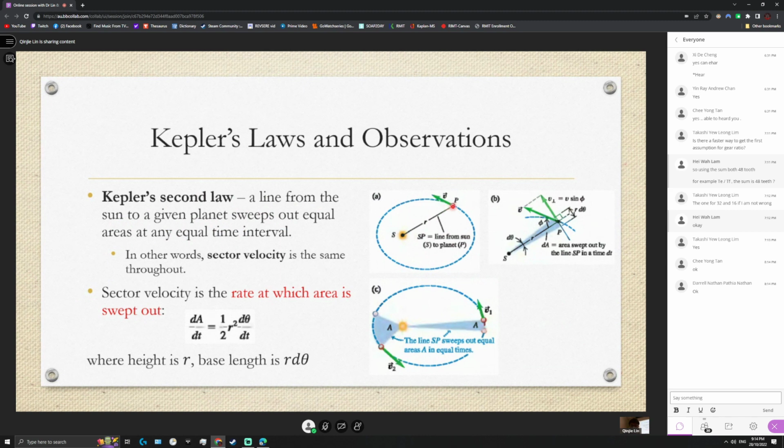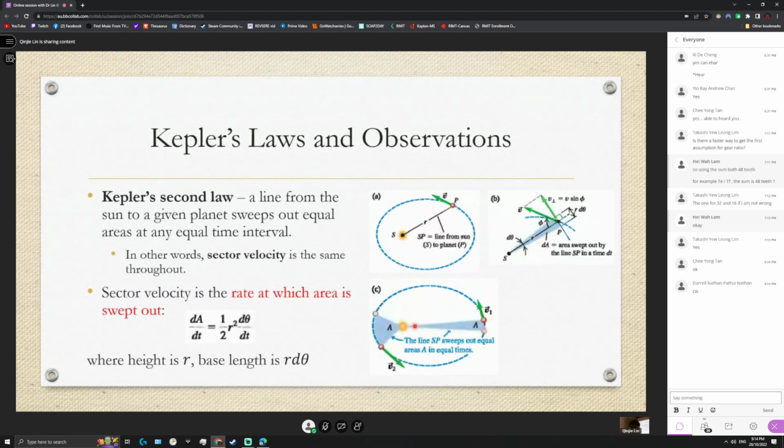As you go around the sun, there will be this area that you are sweeping per unit time. This law is trying to say the line from the sun to a given planet sweeps out equal areas at any equal time interval.